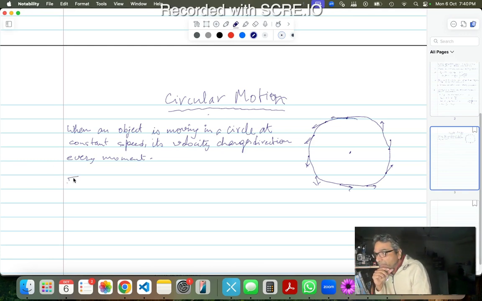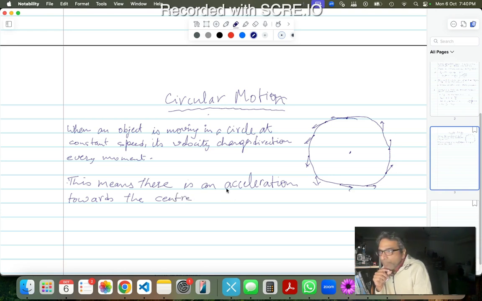This means there is an acceleration towards the center, called centripetal acceleration.